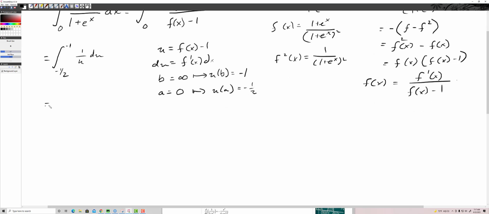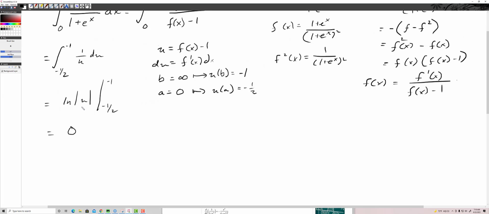Well, we're going to take the integral of this, but what we're going to do is use ln of the absolute value of u.